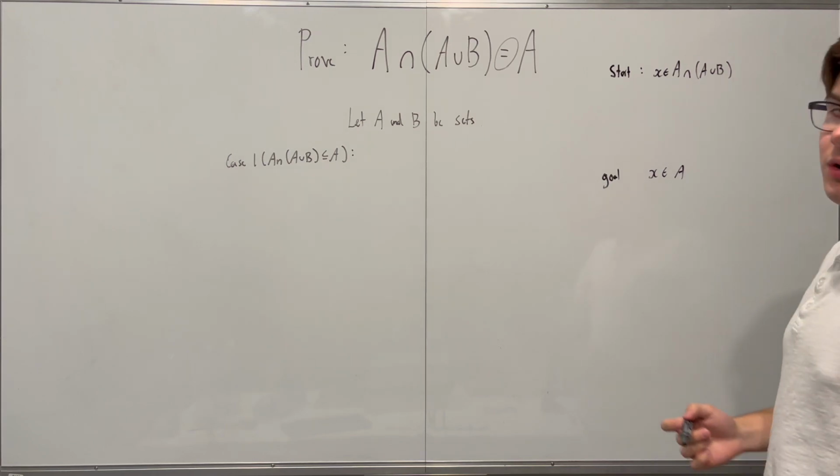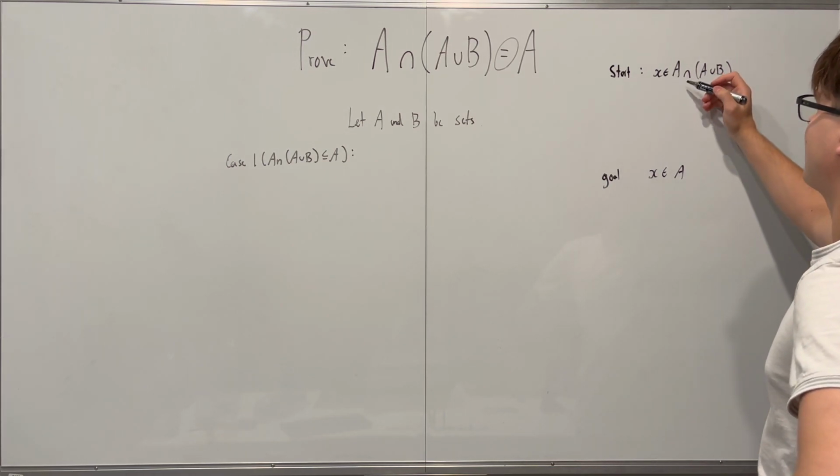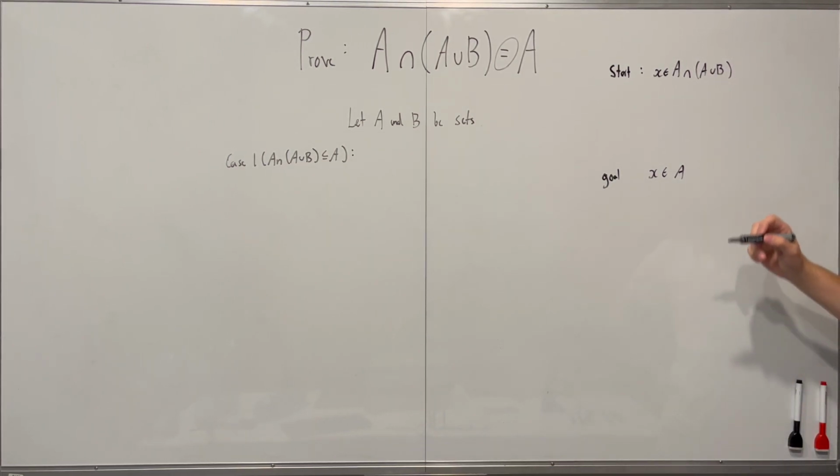Well, let's break apart what it first means for x to be an element of A intersect with open bracket A union B close bracket.